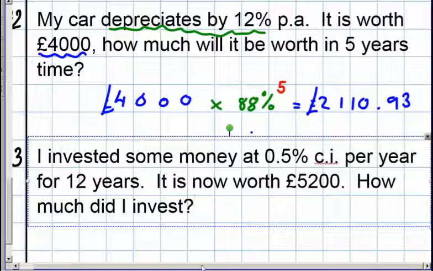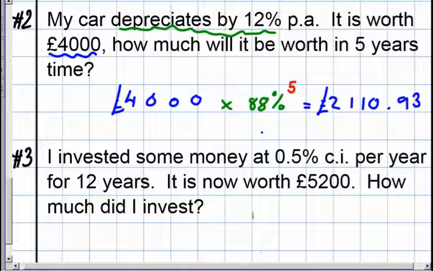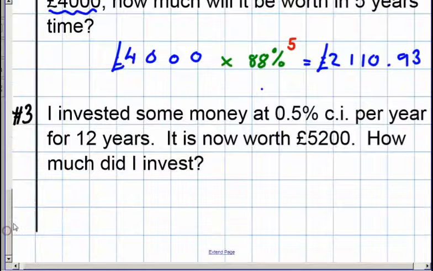Now, this is an example of where we have to form an equation. I invested some money. Whenever you see an unknown like that, what you want to start thinking is very basic algebra. I'm going to use the letter X to stand for the unknown amount. So, X.